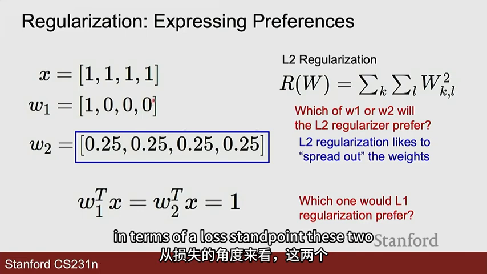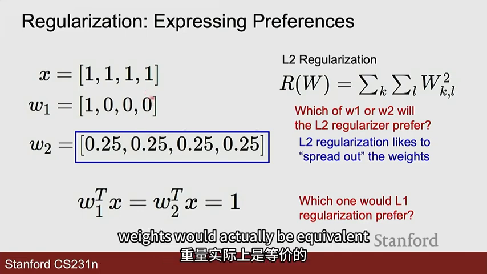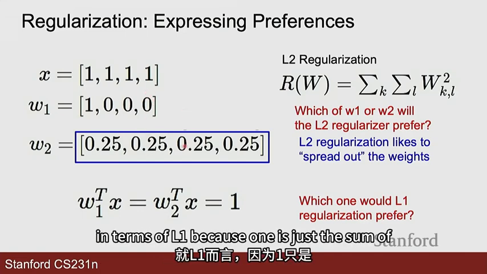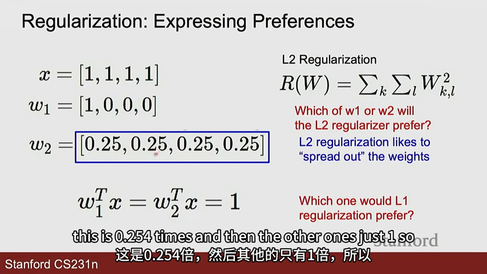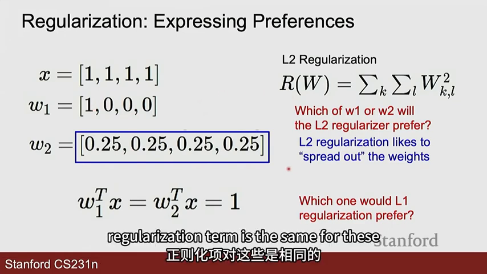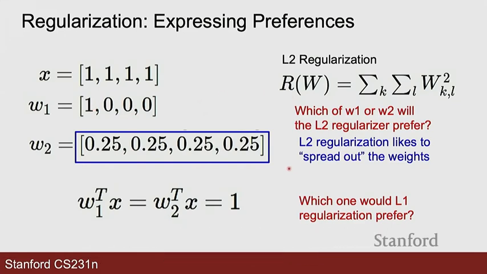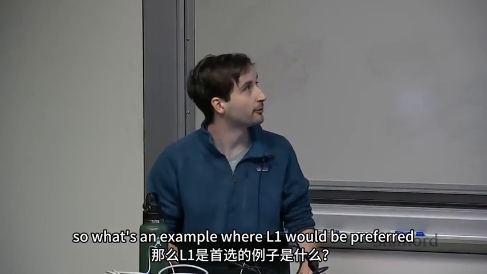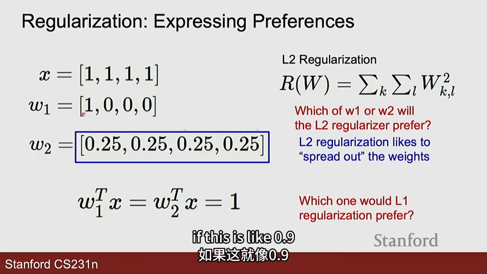But from a loss standpoint, these two weights would actually be equivalent under L1, because one is just the sum of these 0.25 four times, and the other one is just 1. So they both sum to 1, and the actual regularization term is the same for these. Okay, so what's an example where L1 would be preferred? If this is like 0.9, for example.